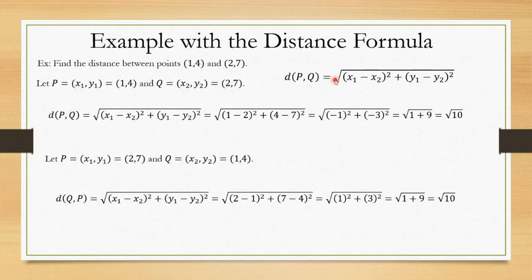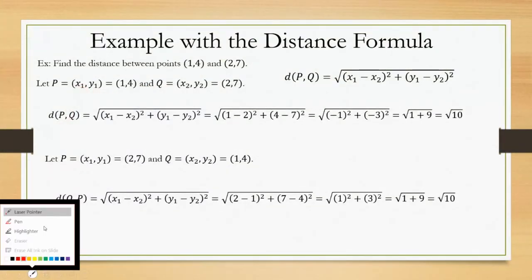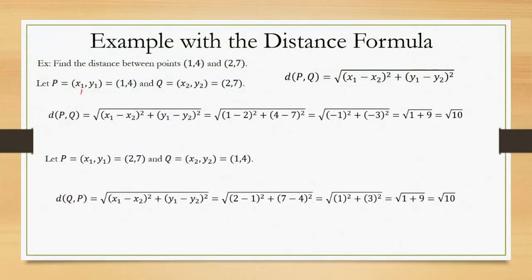Then the distance between them: we have x1 would be 1, x2 would be 2. We have x1 minus x2 squared. y1 would be 4, y2 would be 7.